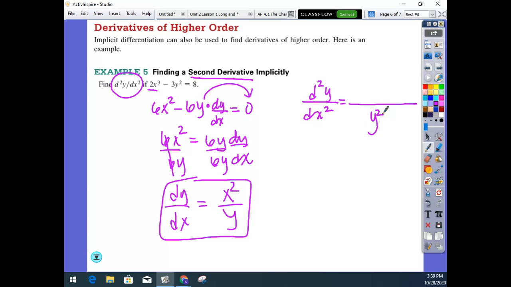Square the bottom. Then we do the bottom times the derivative of the top minus the top times the derivative of the bottom. All right, so we have to be careful here. You cannot leave dy/dx in the second derivative. You have to replace it with what it equals.